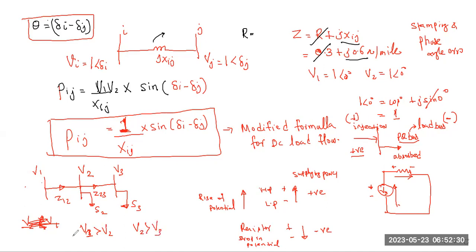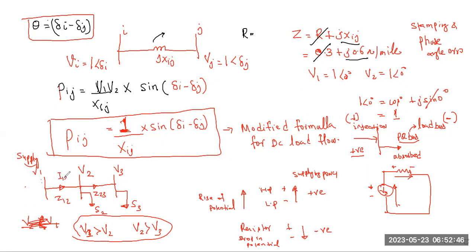Why is that the case? Can you tell me? Because the power is flowing from V1 to V2. V1 is the supply, and from the main supply there is a drop.